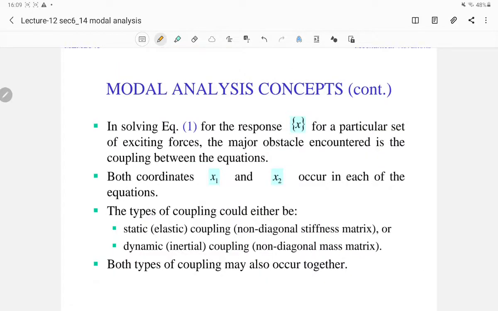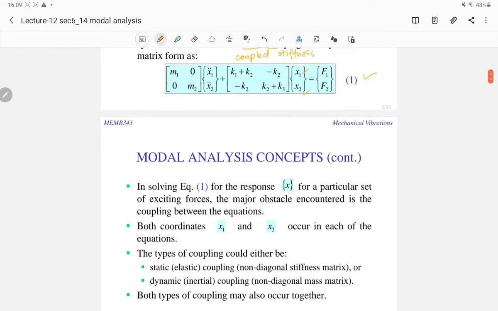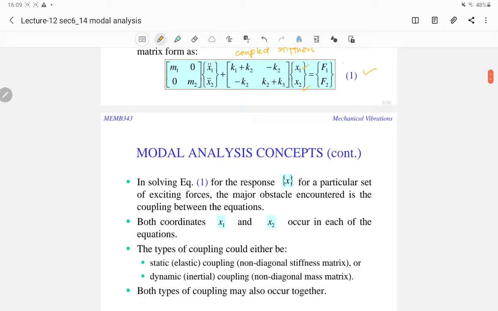In this matrix, you can also see that each of the equations has expressions of both x1 and x2. This is what we call coupling, a static coupling, where your stiffness matrix is non-diagonal.